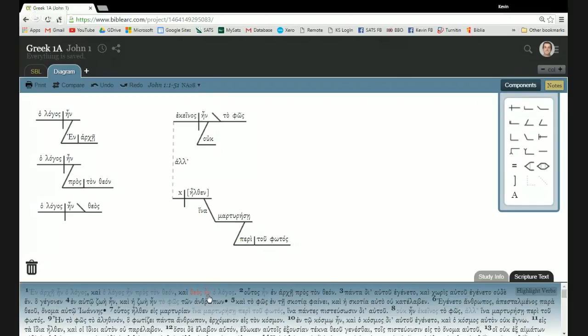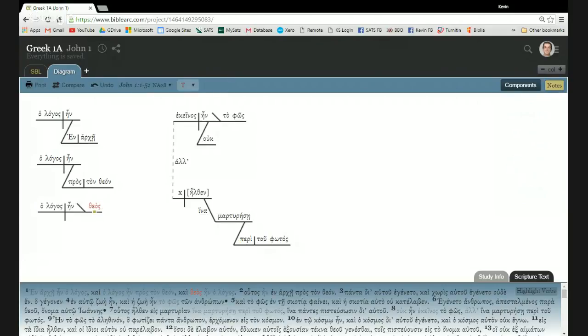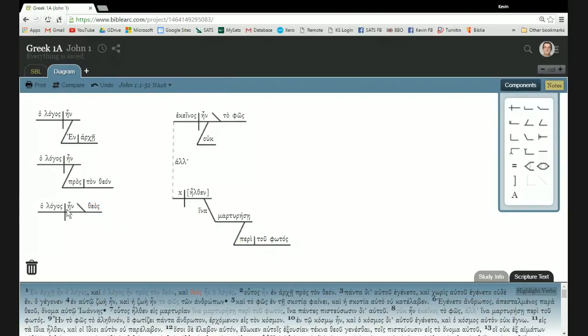They would have a better case if the author had stuck to normal word order and said, as we would have it here, ho logos ēn theos. If that were the word order, then there's at least some case for arguing that you might interpret this as simply an indefinite, but the word order here argues against that. But we're nowhere near that. That's far beyond where we're at the moment.